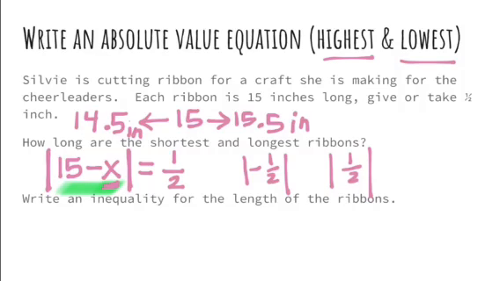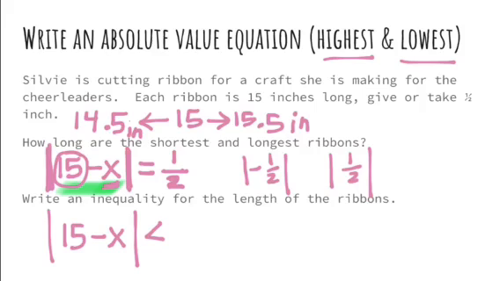So if you take the absolute value, it allows for the actual length to be longer or shorter than this 15, and it would still equal positive 1/2. The inequality would be what we just wrote. 15 minus the actual length might not be exactly equal to 1/2, but it could be less than or equal to 1/2. And that would be our inequality for this.